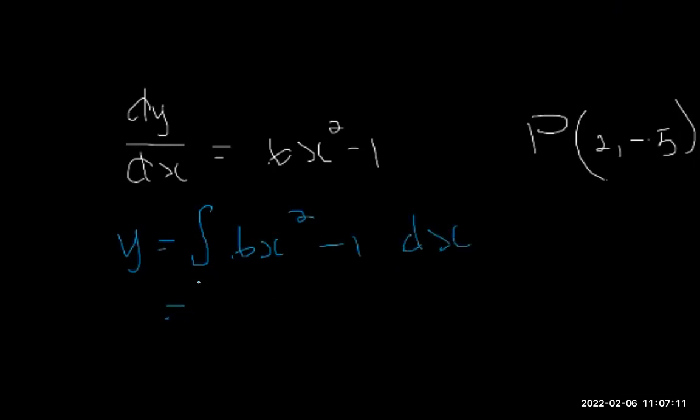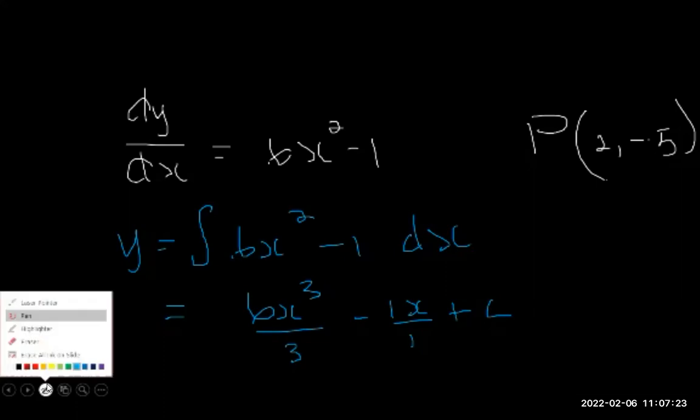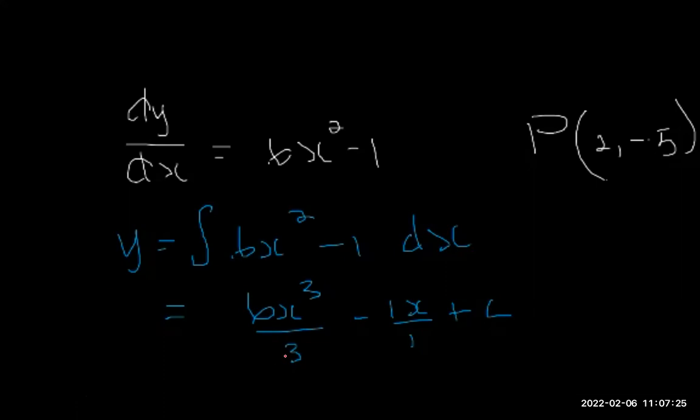When I integrate this, I get 6x cubed on 3 minus 1x on 1 plus c. But if I can reduce, I must reduce 6 over 3 to 2. Therefore, y is really equal to 2x cubed minus x plus c.